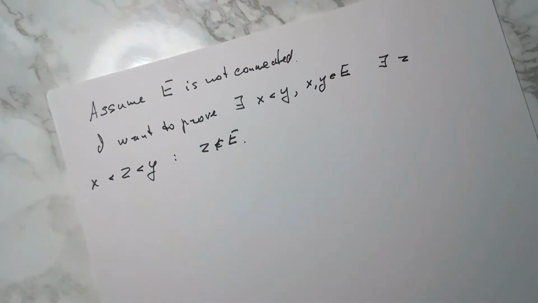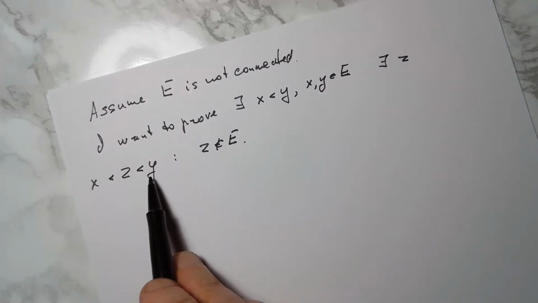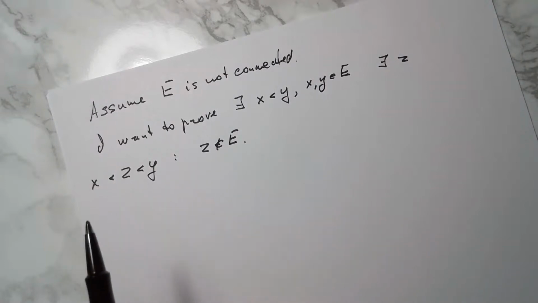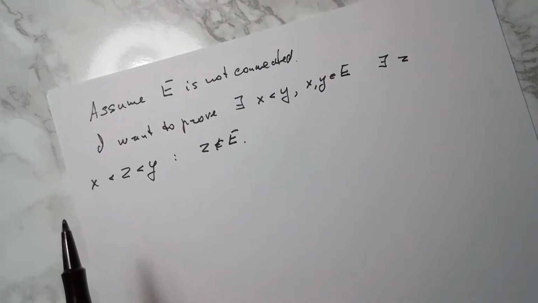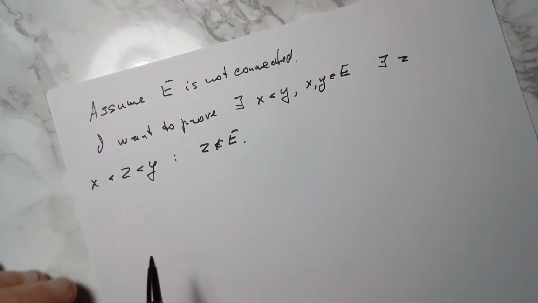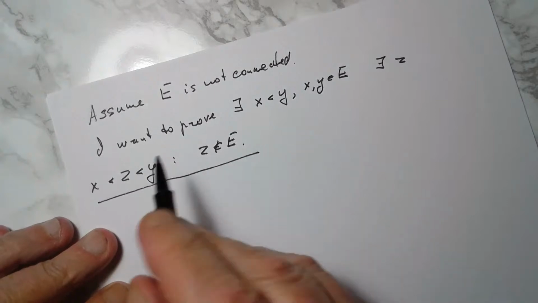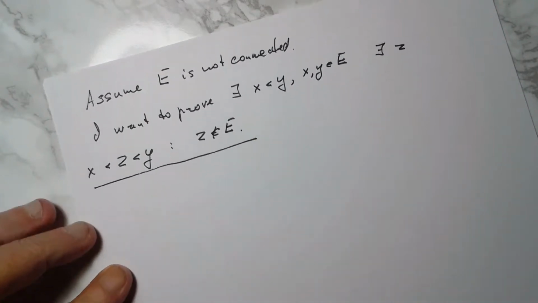A converse to that theorem will say that if the set is not connected, in other words, if it can be written as a union of two separated sets, then there are always x and y with this property and a z with this property, such that z does not belong there. Okay, so the proof goes as follows, and the proof will go in two steps, and the second step will be a little bit weird.